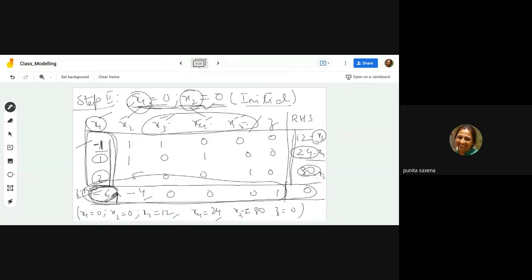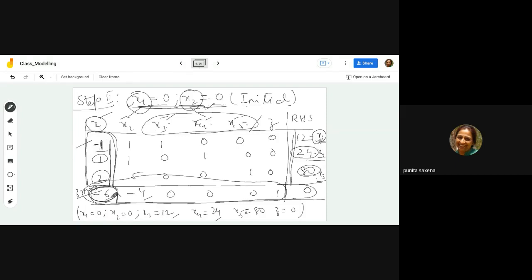If you look at the entries here with x1 0, x2 0, do you see an identity matrix somewhere? Yes, corresponding to x3, x4, and x5. Look at the order here also: x3, x4, x5.